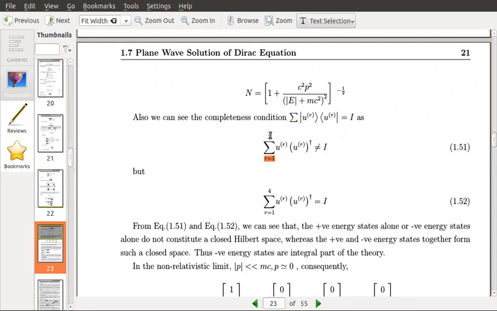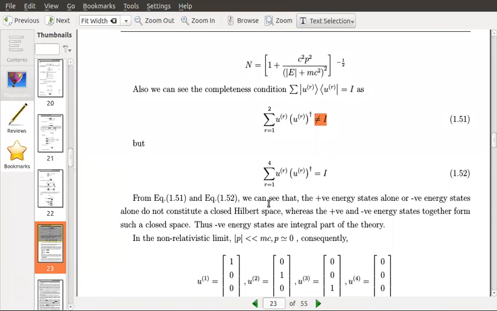Suppose you apply summation only for r equal to 1 to 2, only considering the positive energy states. You can see that it is not equal to I. Completeness is not satisfied. Whereas if you take the summation to 4, all the 4 components, then it satisfies the completeness condition. Then it becomes equal to I.